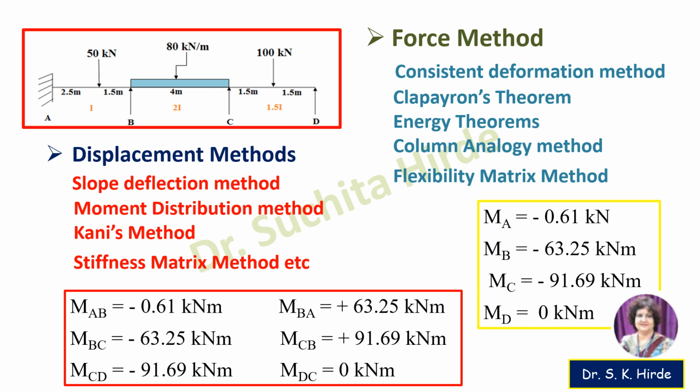Whereas in force method, you will get a number of values equal to the number of supports. In the given problem, there are three members, so in displacement method, you will get six values. If you analyze the same problem using force method, there are four supports, so you will get four values. In this way, we can see the values of final bending moment in this beam.